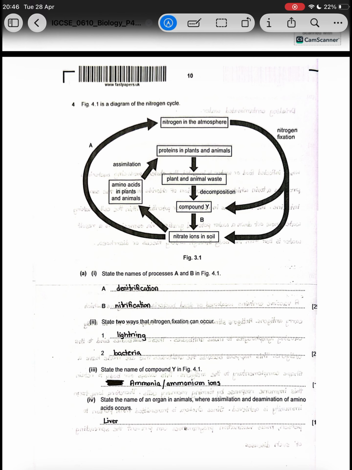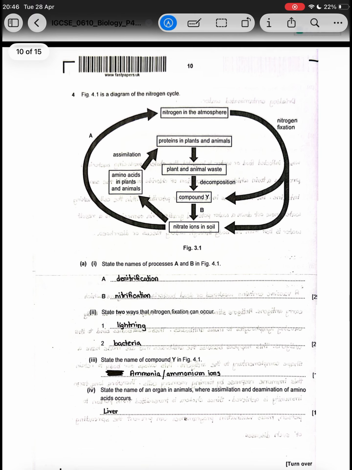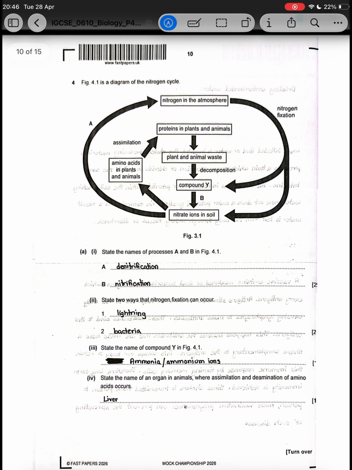Okay, so let's move to question 4. Figure 4.1 is a diagram of the nitrogen cycle. In A1 it says state the names of processes A and B in figure 4.1. So A will be denitrification, because this is a process where nitrates and nitrogen gas escape from the soil and go back into the atmosphere.